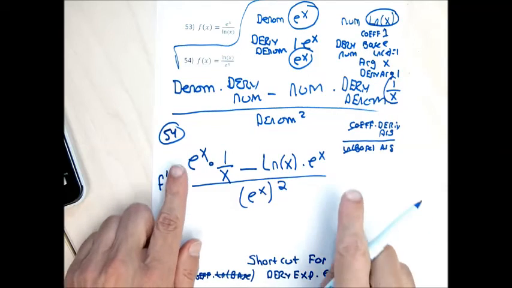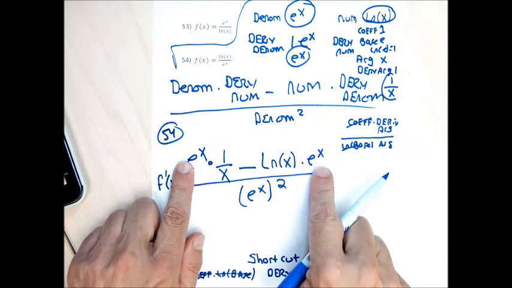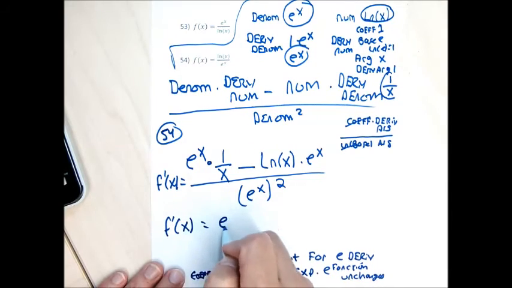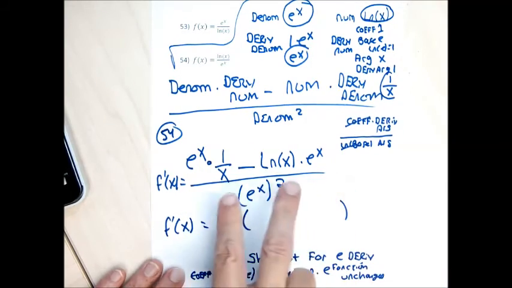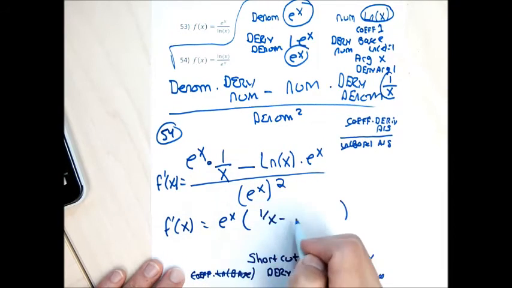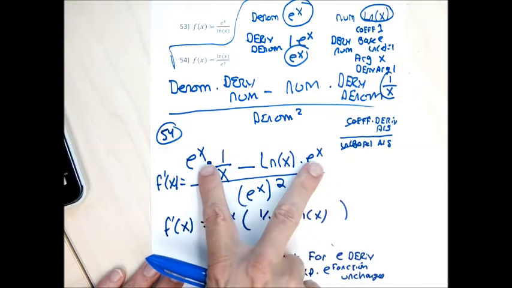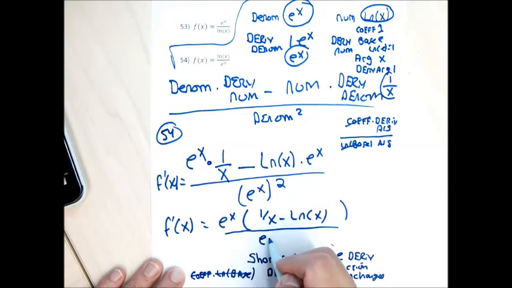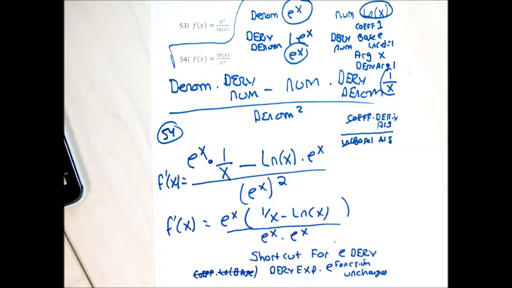In the numerator, I'm going to pull out a common factor of e to the x, and I'm going to write this as f prime of x equals e to the x, and then inside the parentheses, I'm left with 1 over x minus ln of x when I take an e to the x away from each piece. In the denominator, instead of writing e to the x with an exponent of 2, I'm going to write it twice as an e to the x.